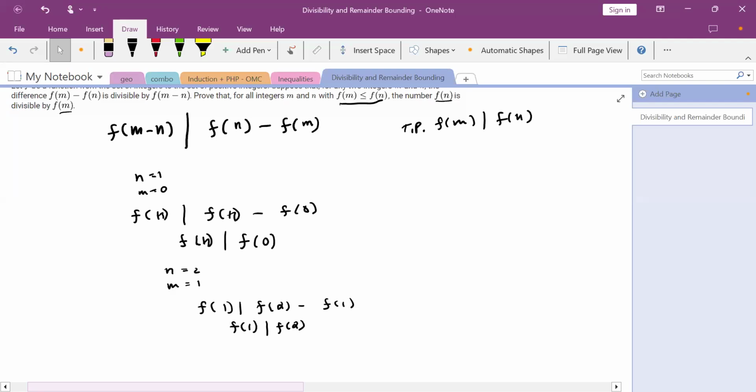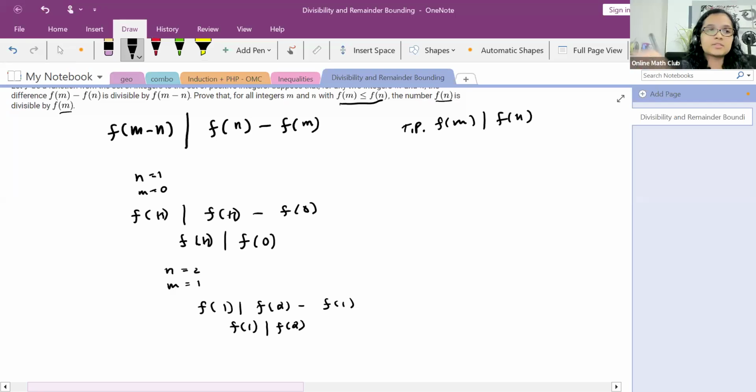Anything divides 0, that's how we define divisibility. I'm saying f of n divides f of 0. Yes, but what if the function is constant? Then f of 0 need not be infinite.